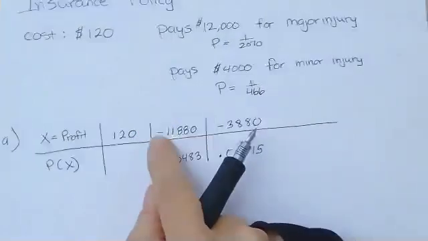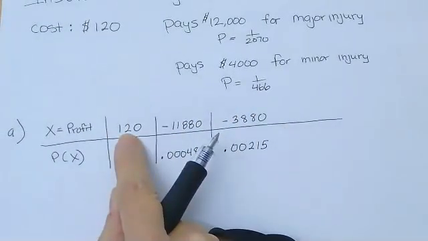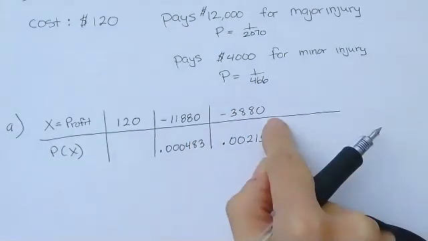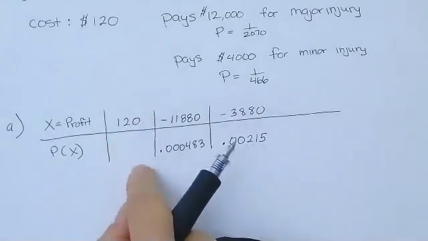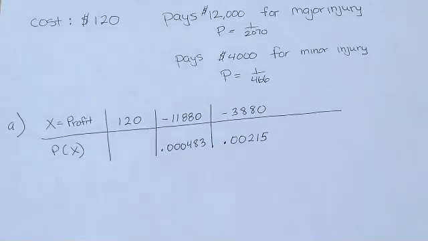That leaves us, these are the only 3 things that can happen. Either the person buys the policy and does not get injured, they buy the policy and have a major injury, or they buy the policy and get a minor injury. There's only one value left here, but we know that all of these have to add up to 1. So I'm going to do 1 minus those values there.